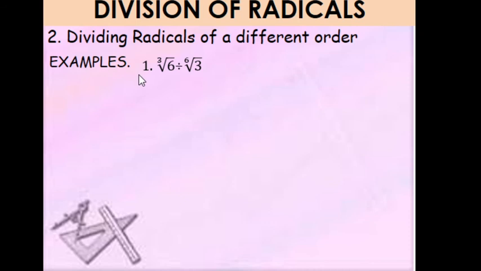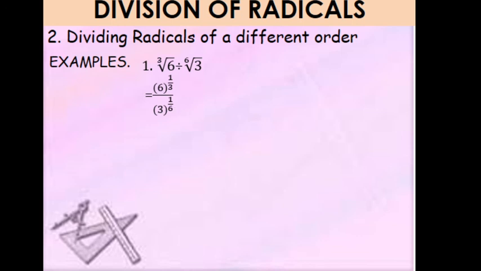So again, we're going to convert this into rational exponent. Again, kapag walang exponent, ang magiging numerator niya ay 1 and yung index ang magiging denominator. So this will become 6 raised to 1/3 all over 3 raised to 1/6.